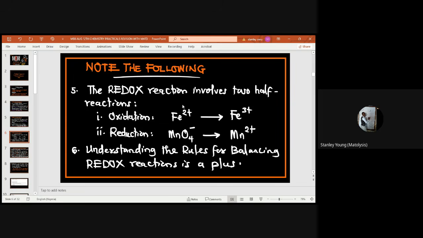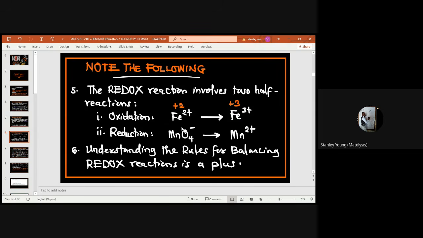So I need you to focus your attention on what is happening here. There is an increase in oxidation number from +2 to +3 for iron. That makes it oxidation. Oxidation is the increase in oxidation number.